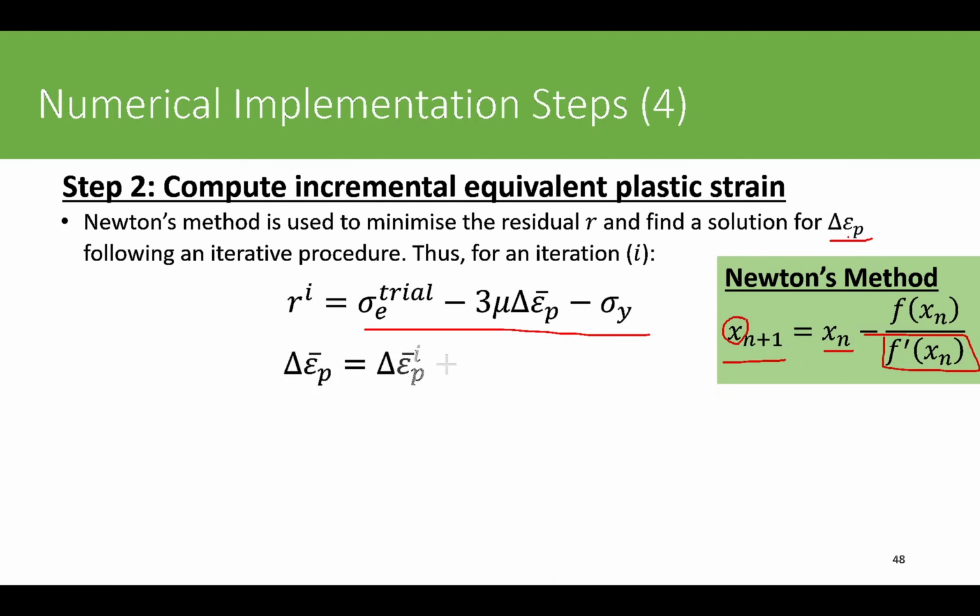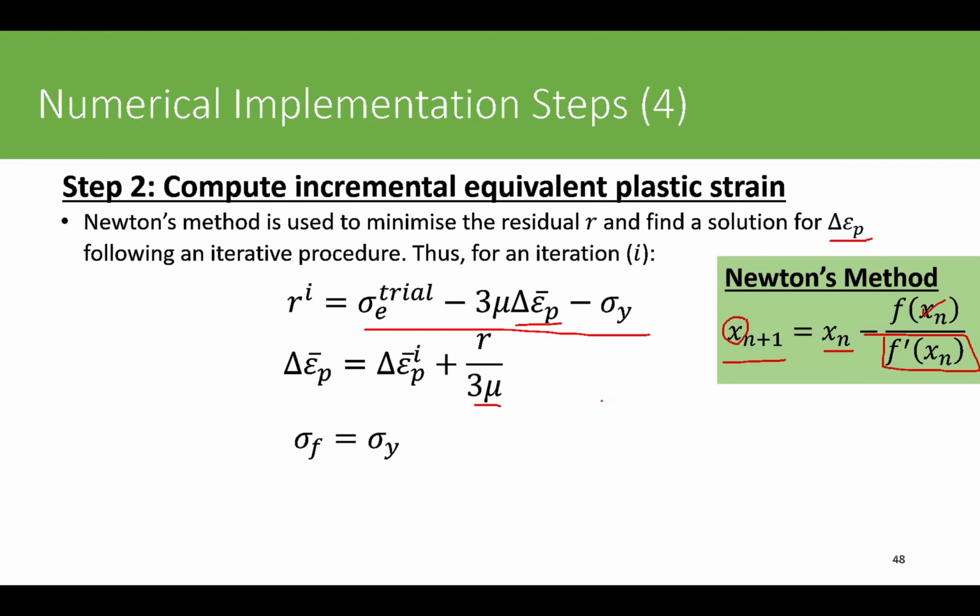So I'm going to now substitute these values here, and you can see that this one is the updated value, this is from the previous value, equivalent plastic strain increment. This is the residual which is coming from this function here, and then this is the derivative of this whole thing with respect to delta epsilon p, and that's the increment of the equivalent plastic strain. So this way we can find the updated value of equivalent plastic strain.